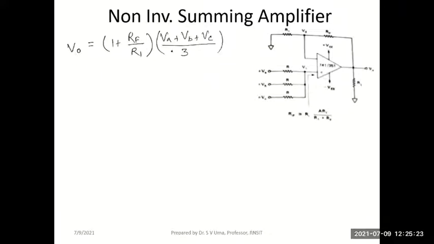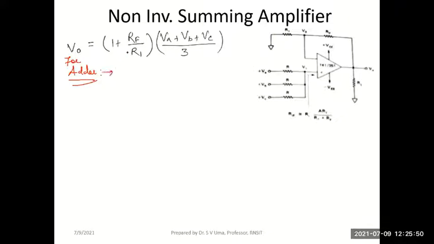I want the output to be the sum of the three input signals multiplied with a gain. First, can you tell me how it will work like an adder? If it should work like a simple adder, what should you do?